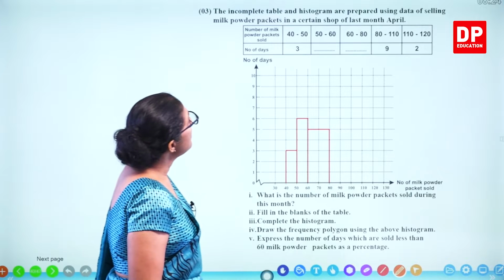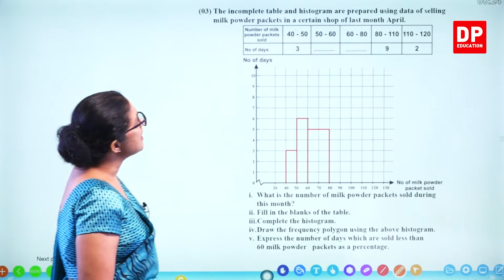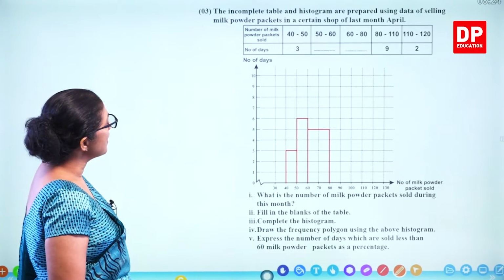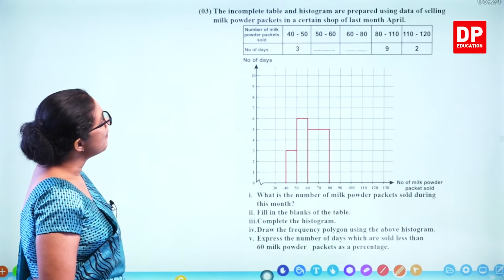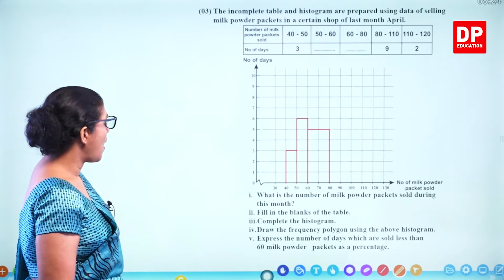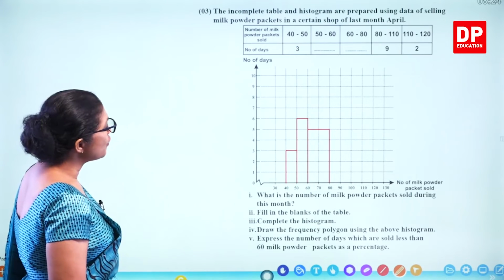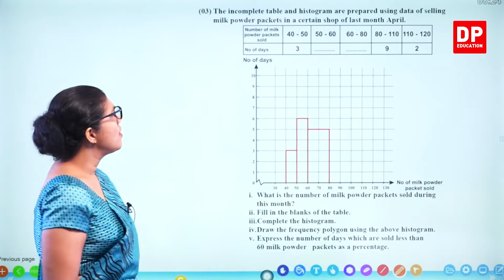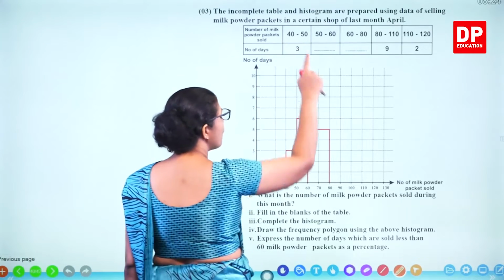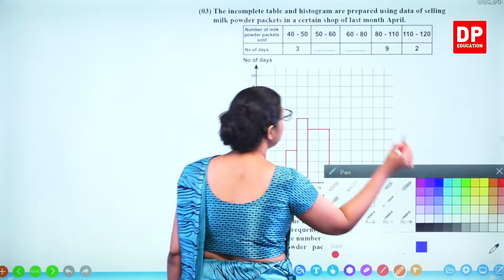The income table and the histogram are prepared using data of selling milk powder packets in a certain shop last month, April. So you get 5 parts. So we'll try to find out. First, before we look at the graph, identify the width of the class intervals.